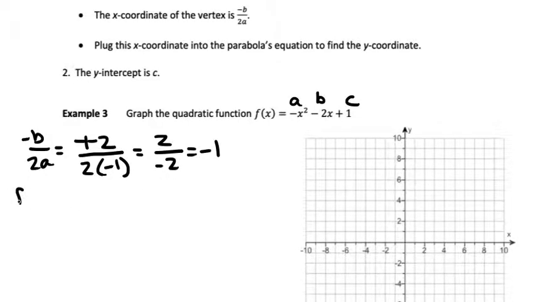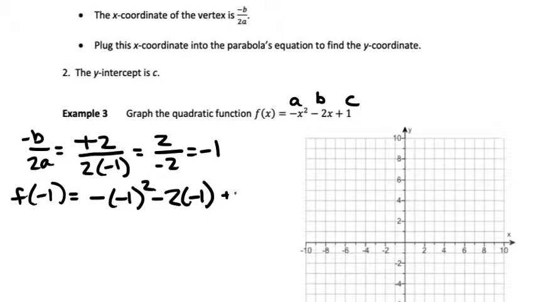Now I plug that in to the parabola function to get the y-coordinate. So I'm going to plug in negative 1 for x. This order of operations here is a little bit tricky when you have a negative and then you also have a negative number that you're plugging in for x. Remember, you do exponents first. So negative 1 squared is positive 1.